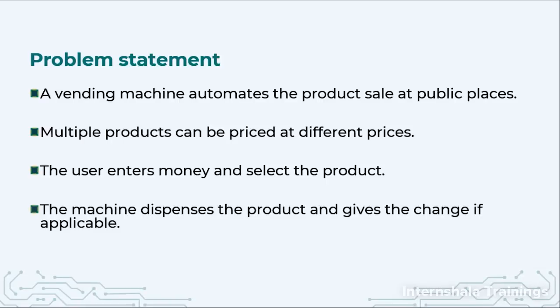The machine will take the input, which is money, and the selected product, and if the amount entered is more than the product price, then the product will be dispensed, and if there is any change that needs to be given back, that will also be given.